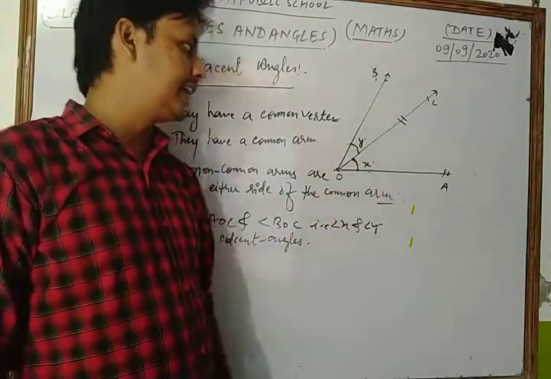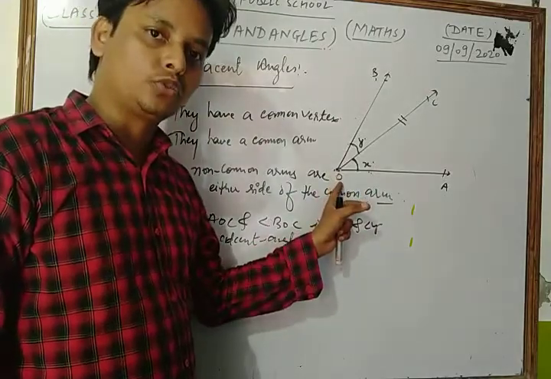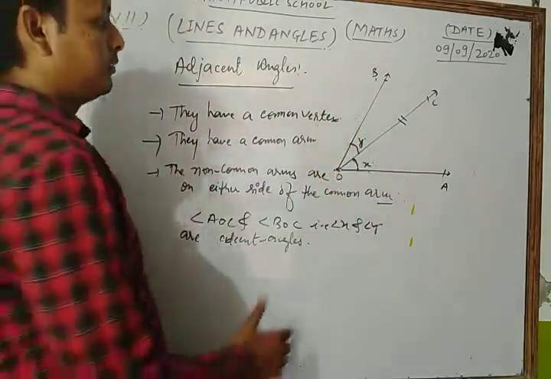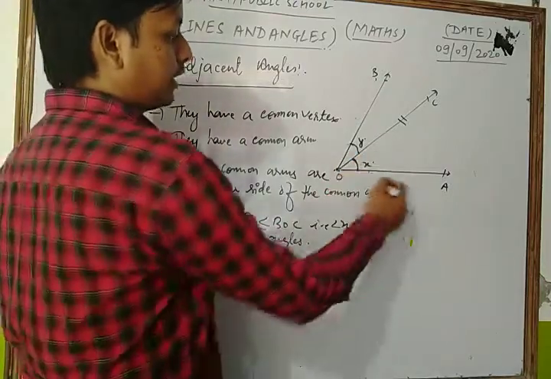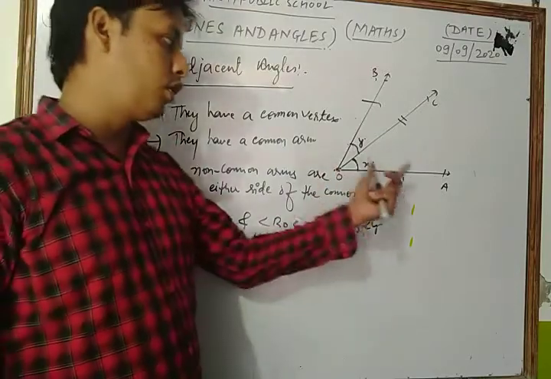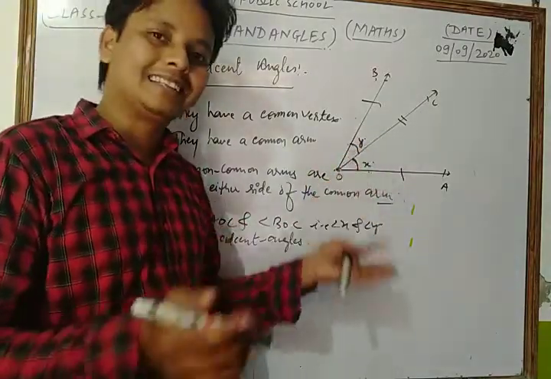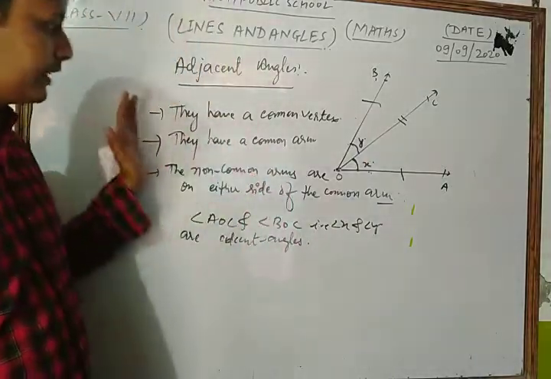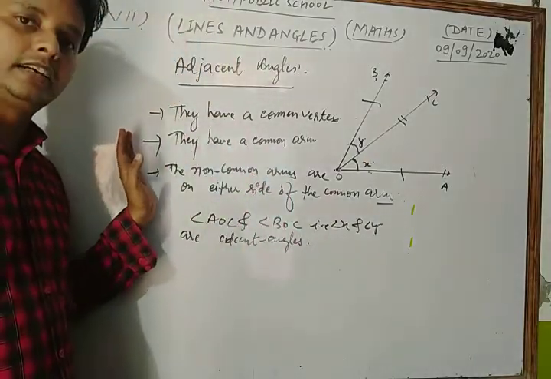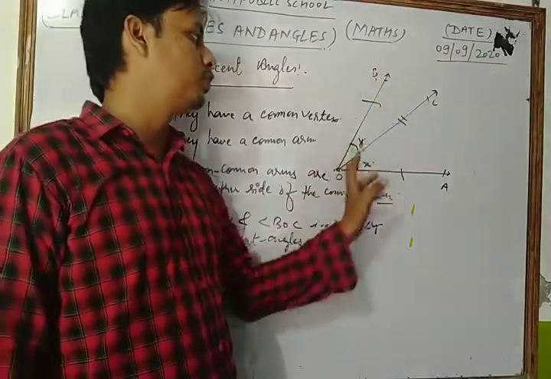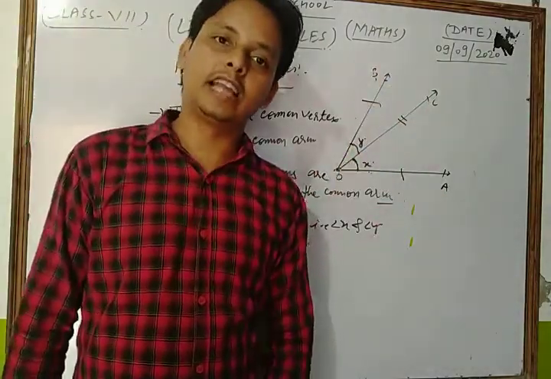So they have the same vertex, they have the common arm, and the non-common arms are arm OA and arm OB. So the non-common arms are on either side of the common arm. So these are the necessary conditions for adjacent angles. So in this way, the angles formed, AOC and BOC, are adjacent angles.